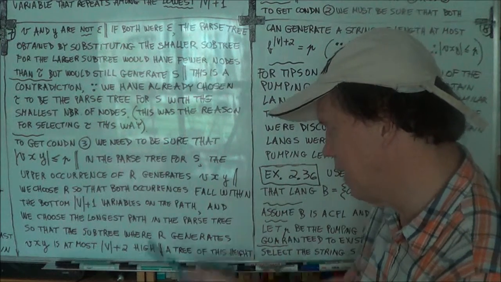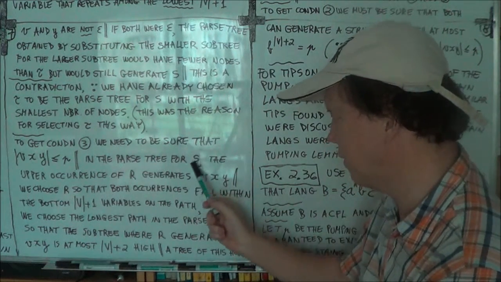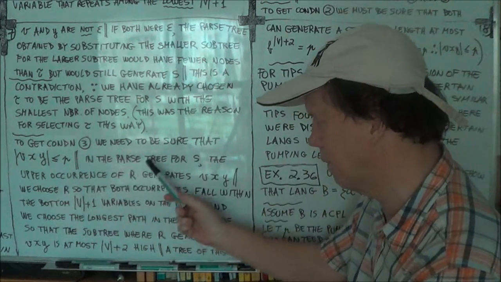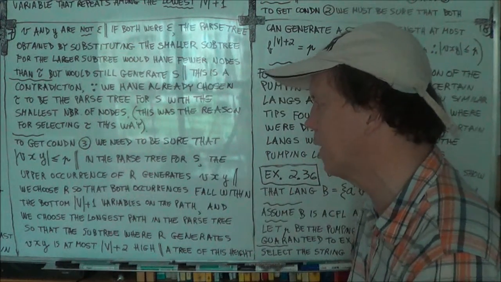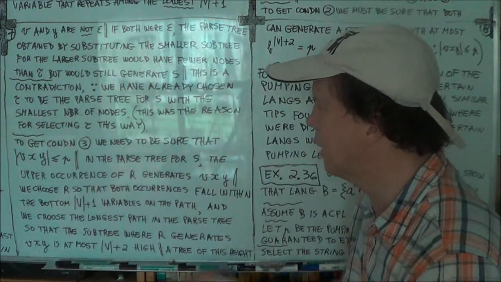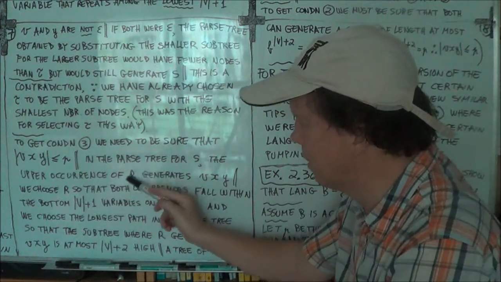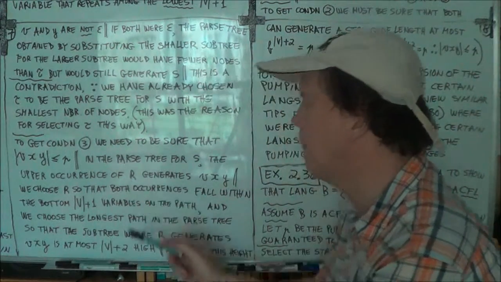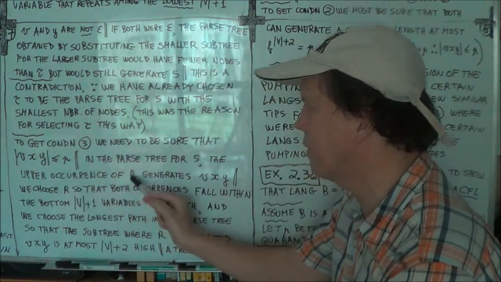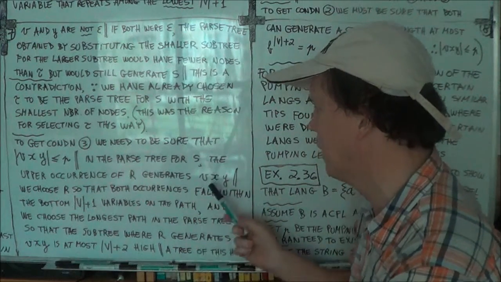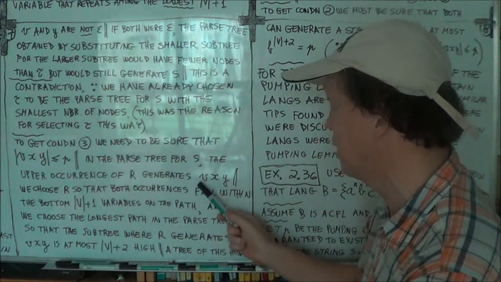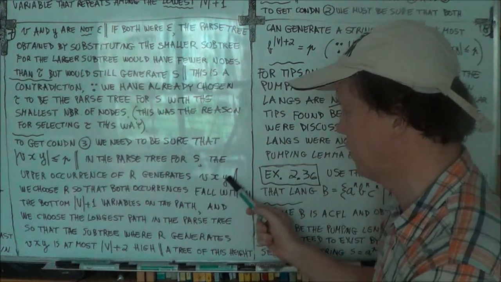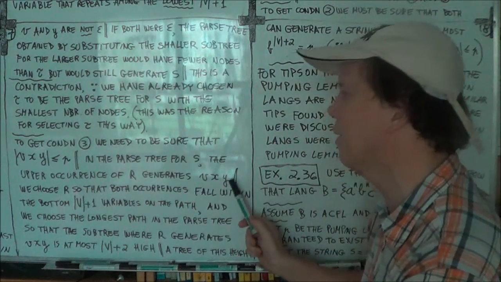Now in the parse tree for your string S, you choose that particular path that had, say, 2 occurrences of R. That was the repeat variable. So for the upper occurrence of R, it will generate a parse tree, which will generate this substring of terminals vxy.